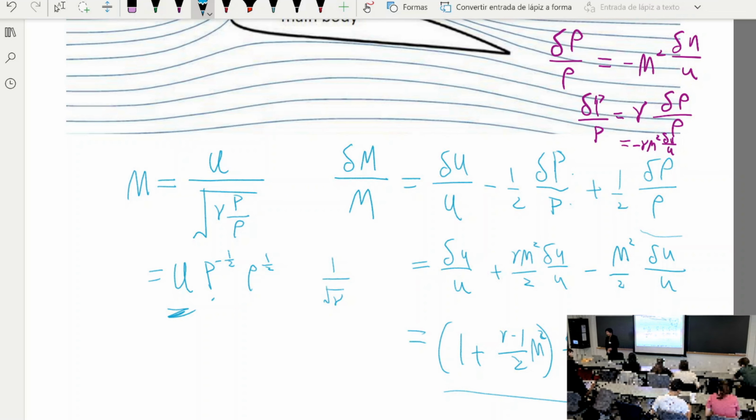Here gamma minus 1 is 0.4, over 2 is 0.2, so this number is 0.2. Okay, so if you are at Mach 10, this guy is 20, right? And this is 21, which means at Mach 10, a 1% increase in velocity means almost a 21% increase in Mach number.